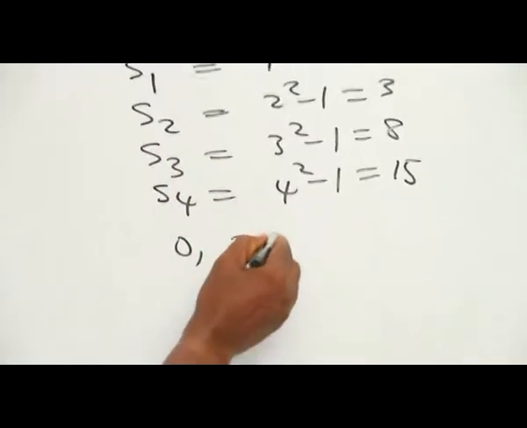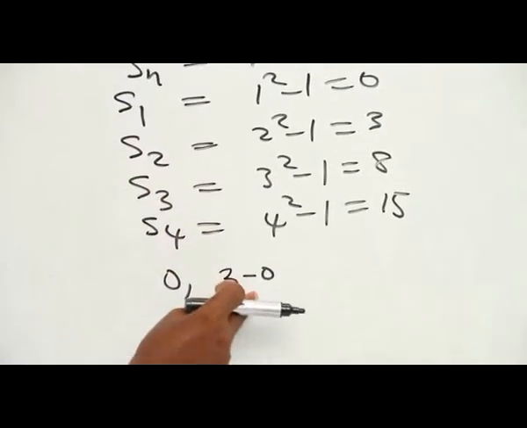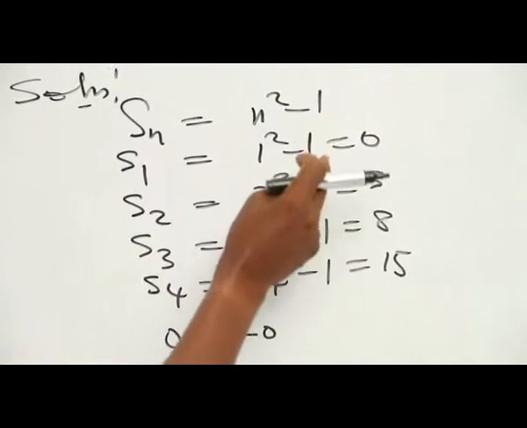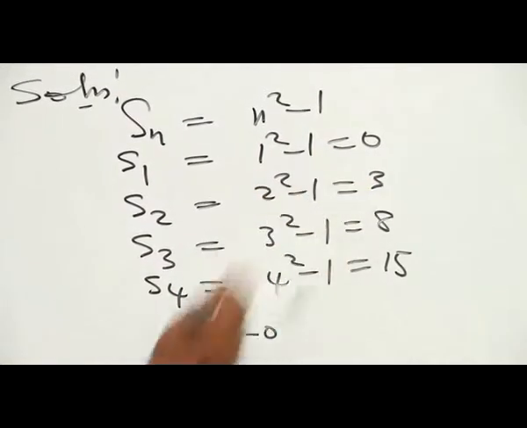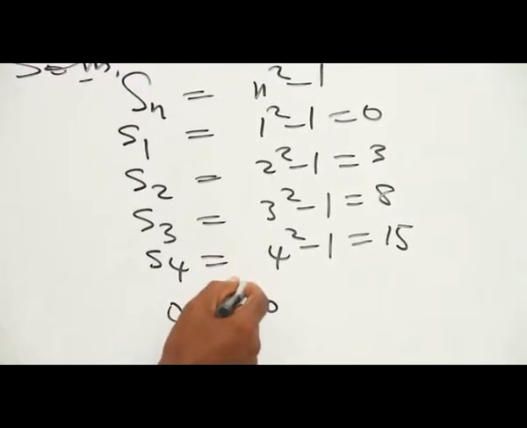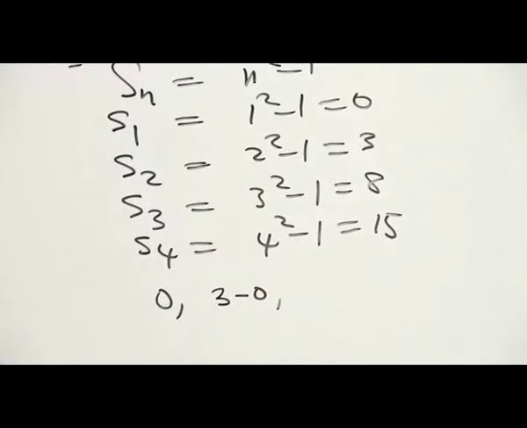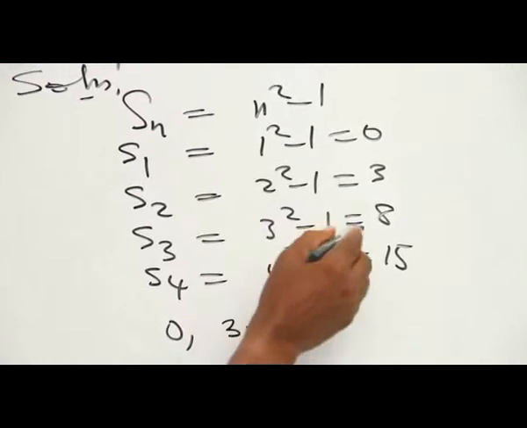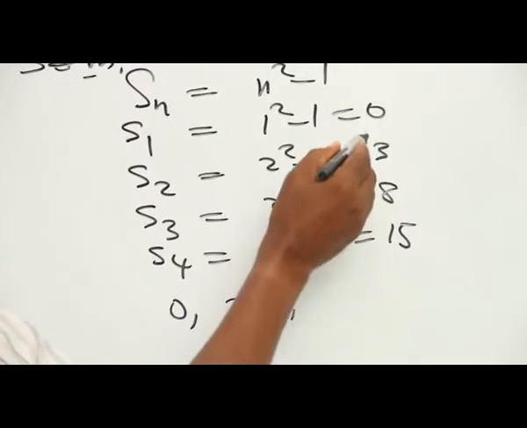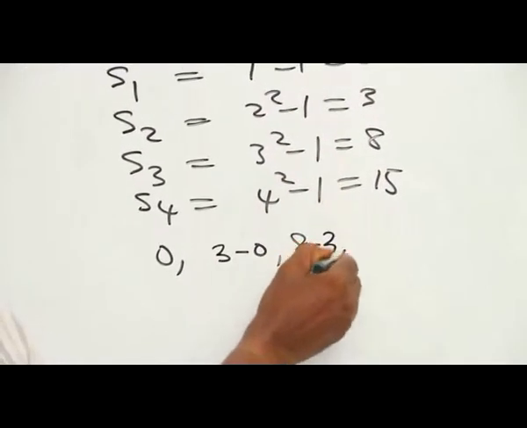means 3 minus 0, for you to know the second term, because it is 0 plus a value that gives you 3, and that value will be taking the 0, the first term, from the sum of the second term, followed by your third term, which is 0 plus 3 plus 8 will now give you 8 minus 3.